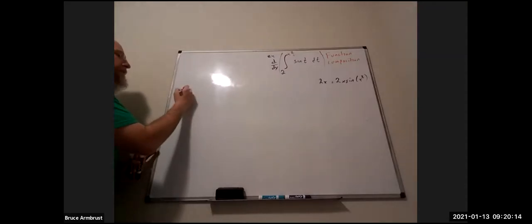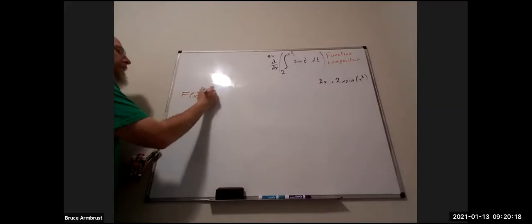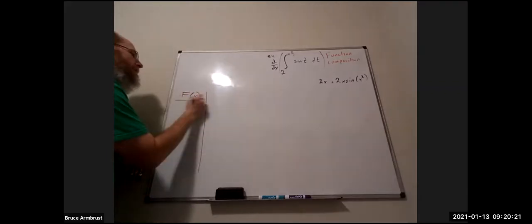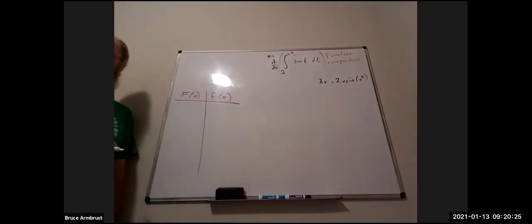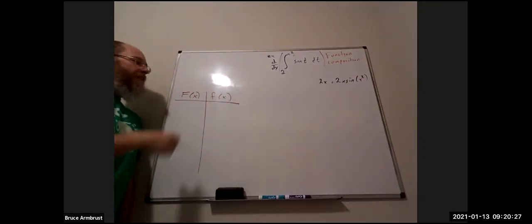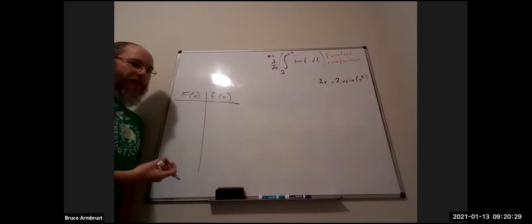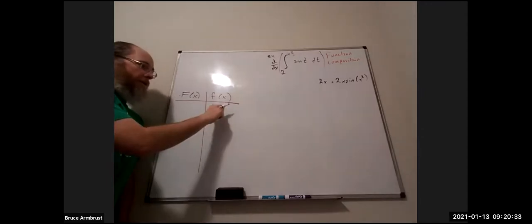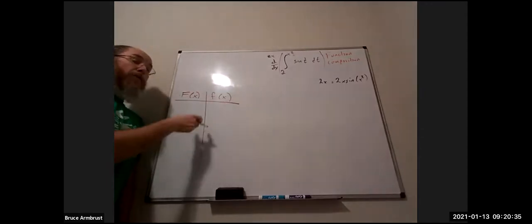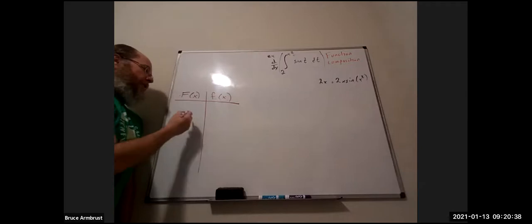So I'm going to make a list where I've got big F of x and little f of x. I'm specifically writing it this way because I want us to think integral-wise. We're starting with the right side and getting the left. But when we build it, we're just going to differentiate.